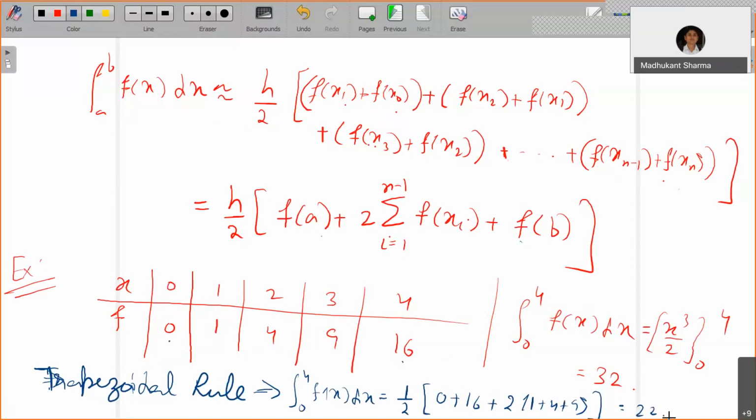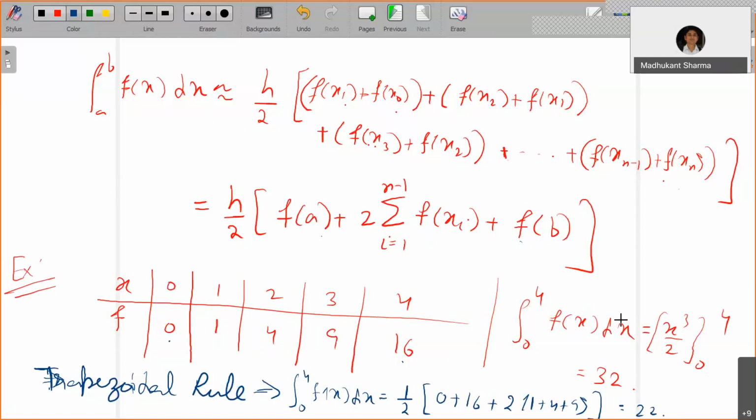Yes, so 44 is the sum, and 44 by 2 is 22. So there is an error. It is not even approximating the second degree polynomial well. Why is it so? It must be somewhere in error analysis.